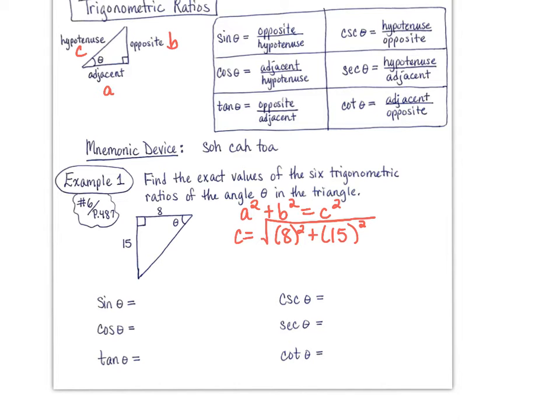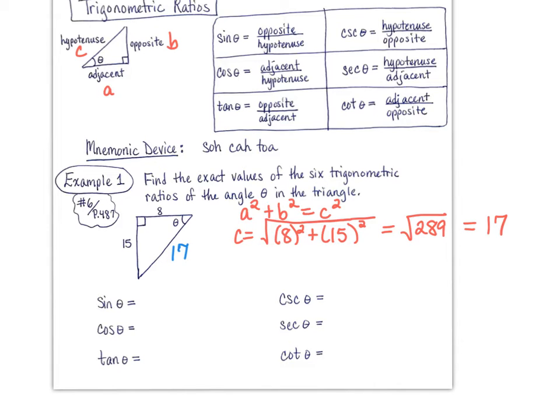Good. 225 plus 64 is what? 289. Good. And what's the square root of 289? 17. Good. So that's our missing side. So here we have this as 17. So now we go through and we write everything out.